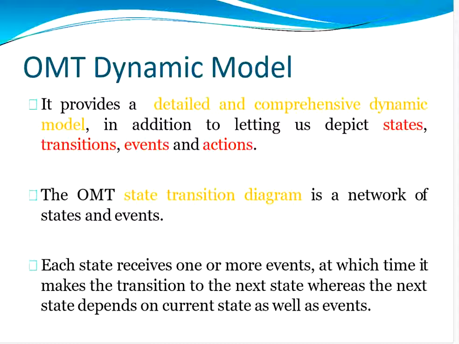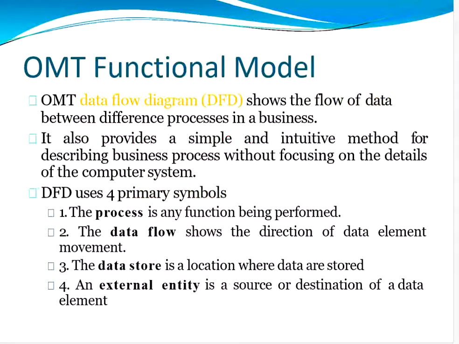Each state receives one or more events, at which time it makes the transition to the next state. One state can make the transition to the next state, whereas the next state again depends on the current state as well as the event. So basically we have to remember that the dynamic model is presented by using the state transition diagram.